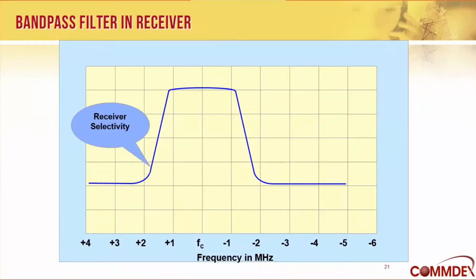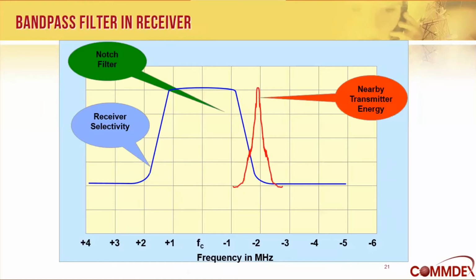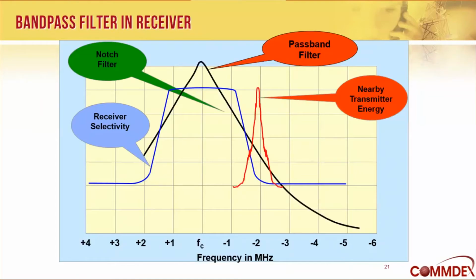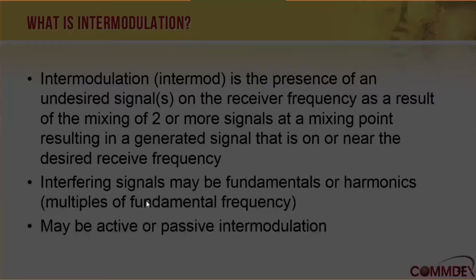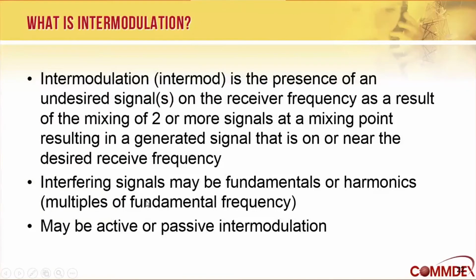Here's our receive curve again, our unwanted transmitter energy, and now we put a bandpass filter on and a notch filter, and it cut all that stuff out while keeping our selectivity curve intact. So that was transmitter noise and receiver desensitization. Two different effects, but really the same cause and some of the same solutions.